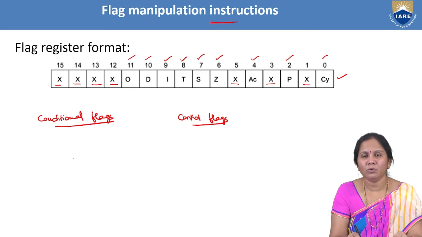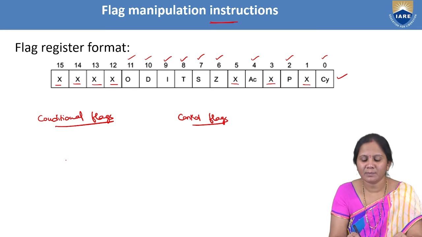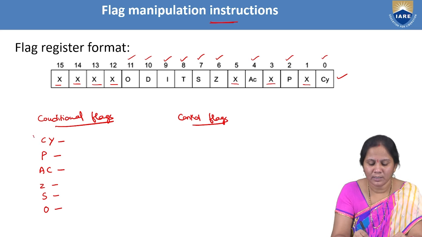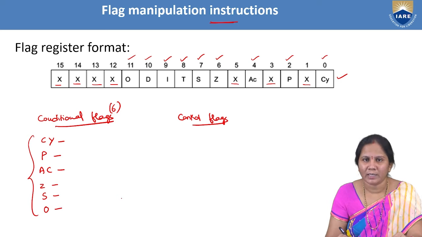The flags that come under conditional flags are CY, P, AC, Z, S and O. These are the 6 conditional flags.